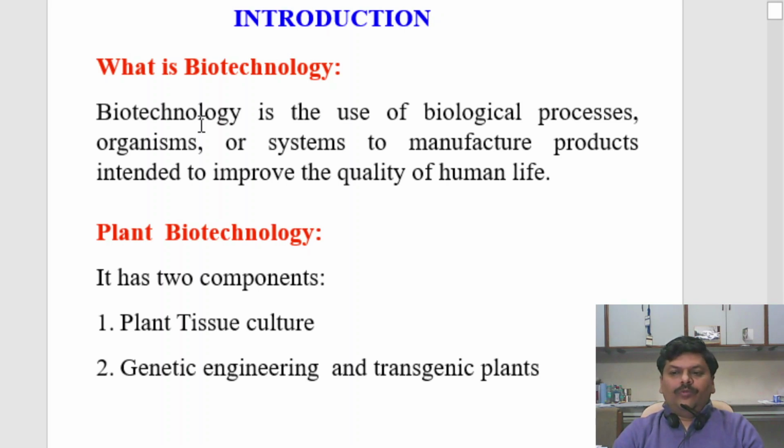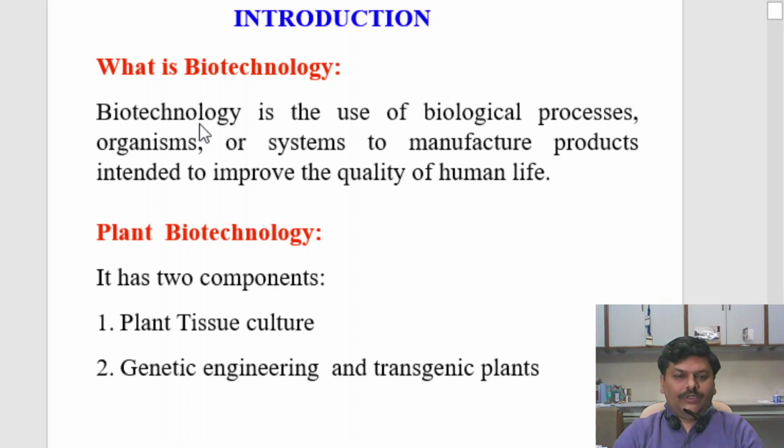When we talk about biological processes, that means the processes which we can modify either inside the biological organisms or in a kind of reactor system where biological processes can be carried out by certain organisms, for example fermentation, which is carried out by either bacteria or yeasts.